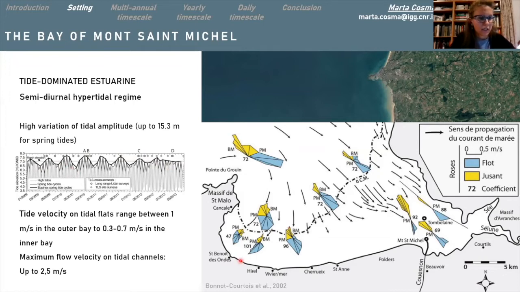On the bay, the tide velocity on the tidal flats ranges from 1 meter per second in the outer bay and goes down to 0.3 to 0.7 meters per second in the inner bay, with the maximum flow velocity occurring in the tidal channels, which can be up to 2.5 meters per second.